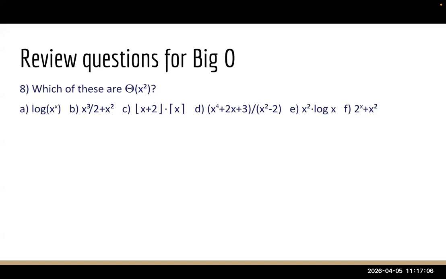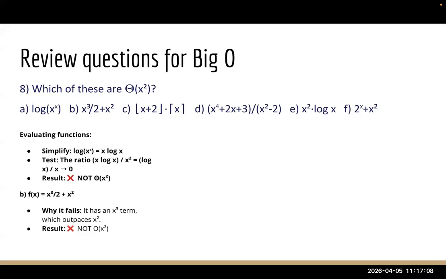So, which of these are theta x squared? This is going to be somewhat similar, but we will have more conditions to take into account. The ratio has to always reach 1.